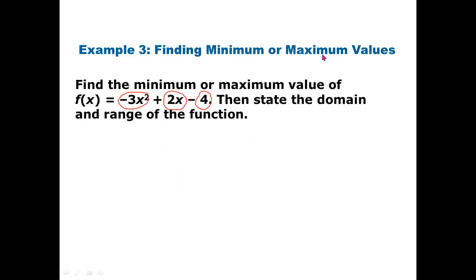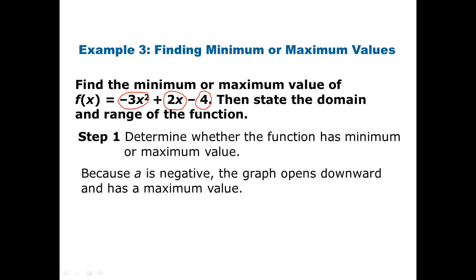Step 1: determine whether the function has a minimum or maximum value. As I have said, since the coefficient of x squared is negative 3, the graph opens downward and will have a maximum value.